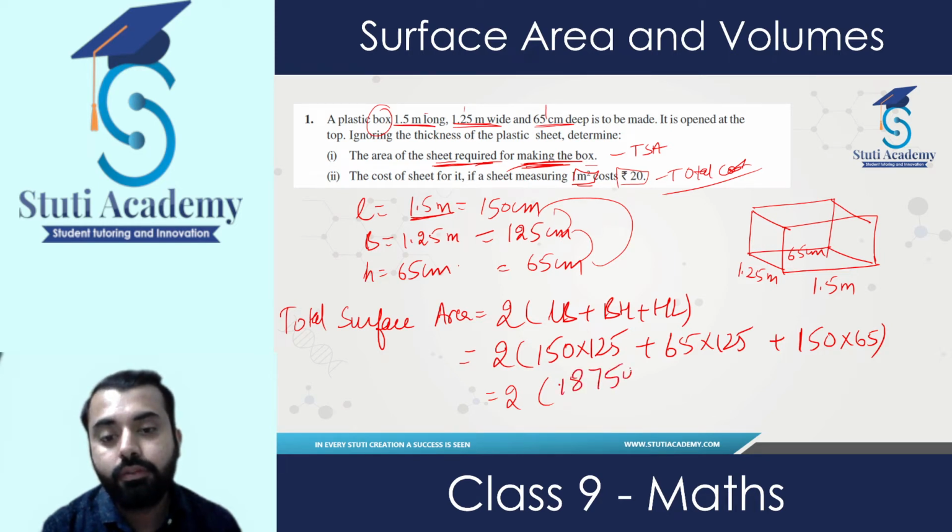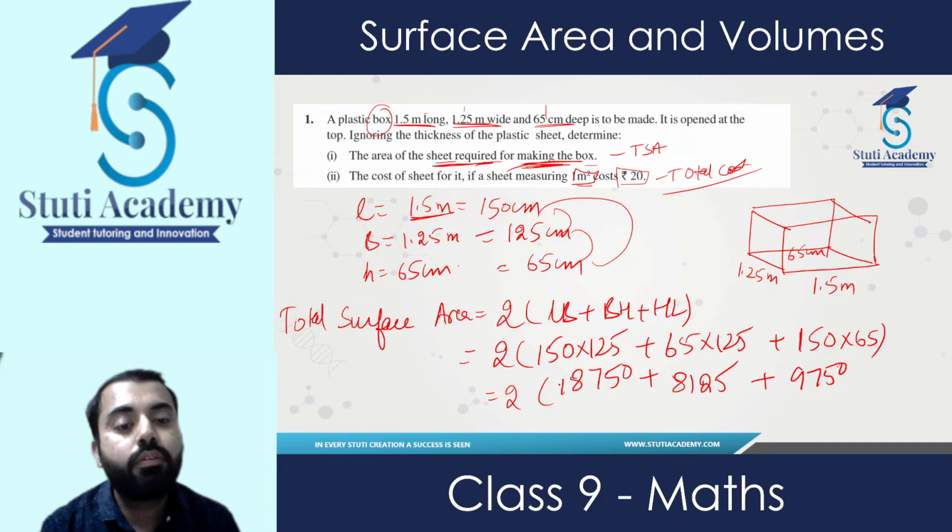1875. Then 65 into 125, it will be what? 8125. And then you have 150 into 65, that is 9750. Add those: 9750 plus 8125 and 1875.